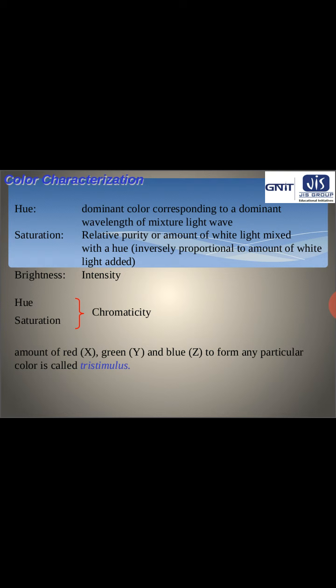Now what is hue? This is the dominant color corresponding to a dominant wavelength of the mixture of light waves. Saturation is the relative purity, or amount of white light mixed with a hue, inversely proportional to the amount of white light added. So this is very important for the color characterization process.